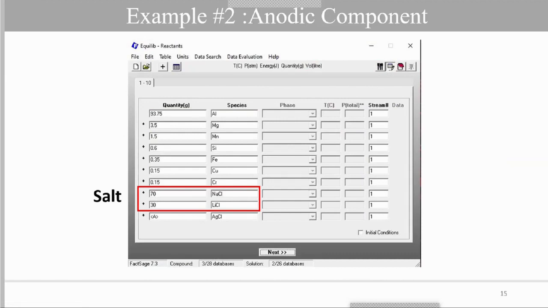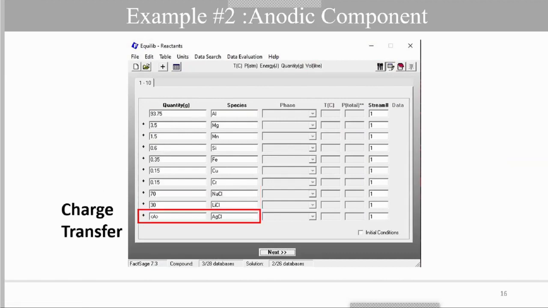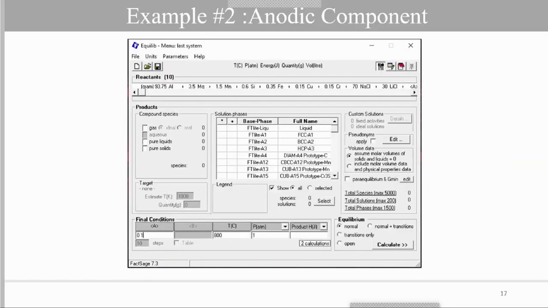It was just an example. You can fiddle with it. And the silver chloride is going to be our charge transfer agent. We're going to use it to transfer some chloride ions and have a delta G, a Gibbs energy differential, that we can use to establish what would be the potential of the real cell. And this is what you're going to look at when you press next.